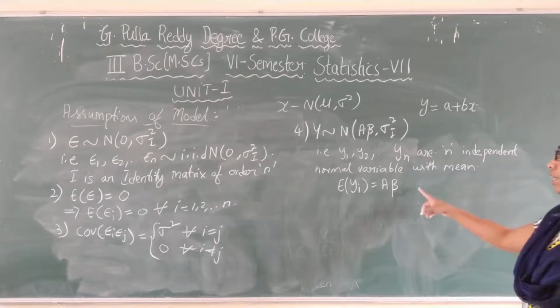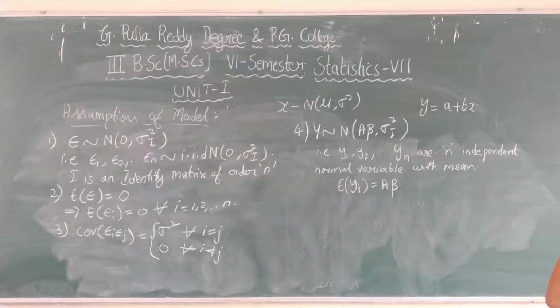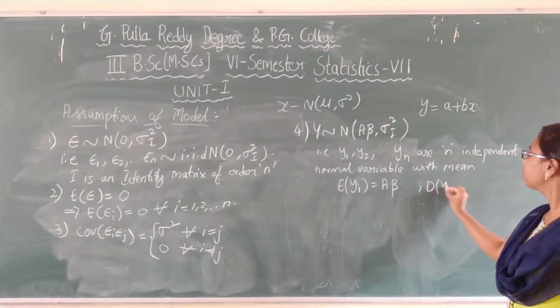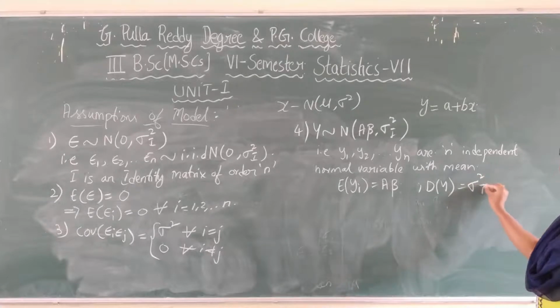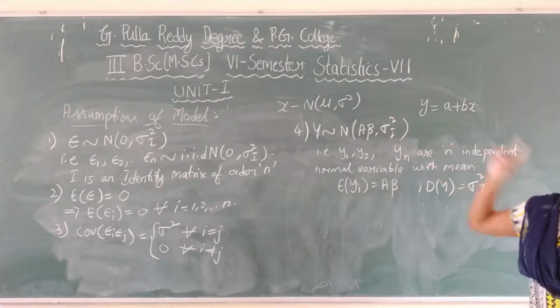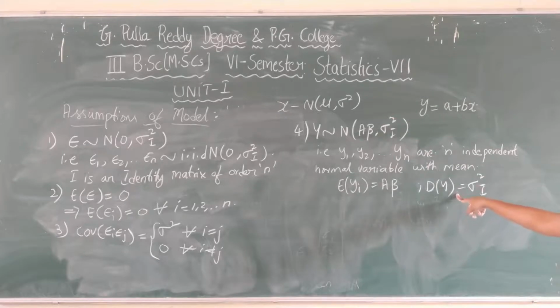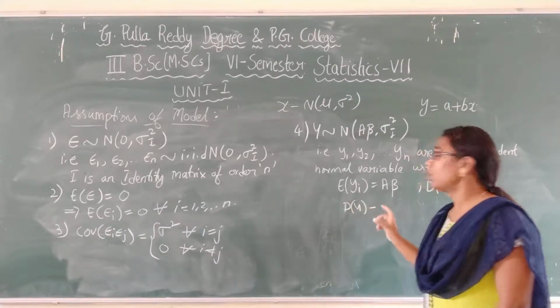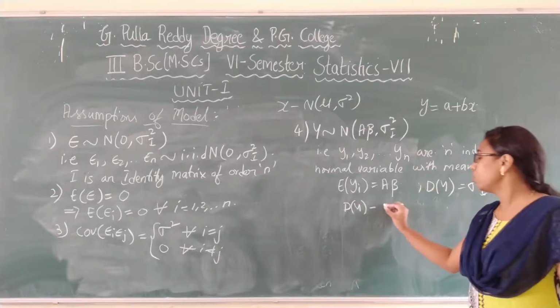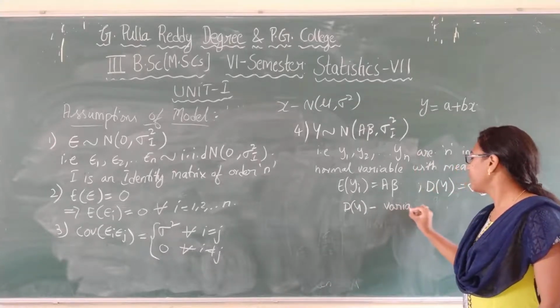And here we do not directly write the variance, but the dispersion matrix, that is D of y equals sigma square I. Generally this value indicates the variance, but directly we cannot say that this value is the variance. D of y is known as the dispersion matrix, which contains both variances and covariances. It is not just a variance matrix, it is a variance and covariance matrix.